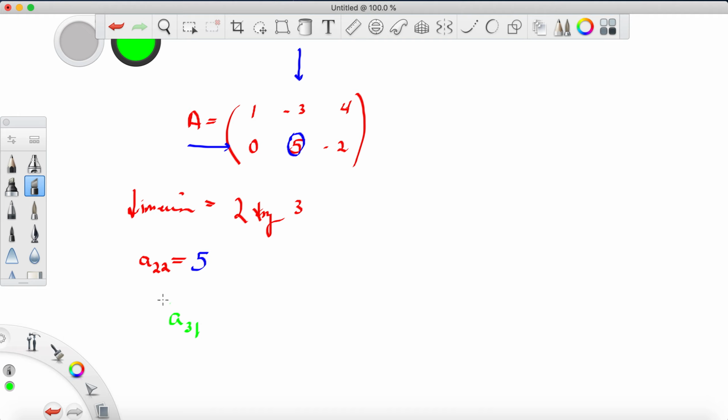Well, there is no A31, because there isn't a 3rd row. What about A13? I have to go to the 1st row and the 3rd column, so this has to be 4.